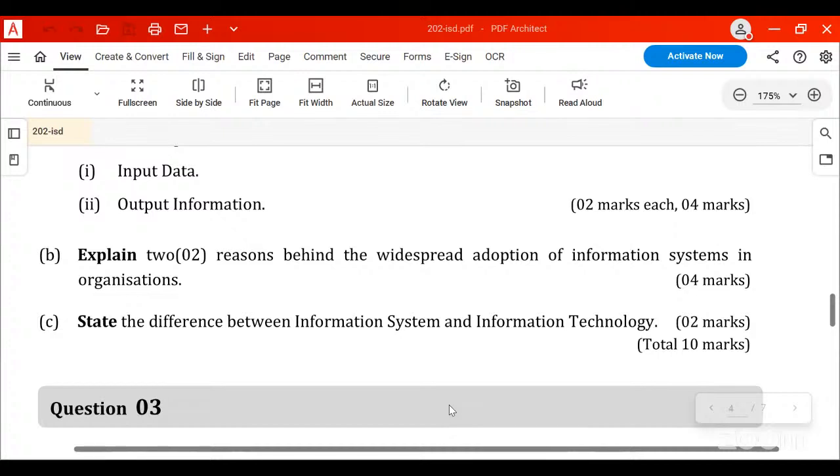It is a collection of components organized to process data, convert data into information, finally supporting decision making. IT focuses on hardware, software, and other infrastructure used to implement the information system. Hardware is a required part of an information system, right? That's it. That is enough for 2 marks. Altogether, 10 marks.